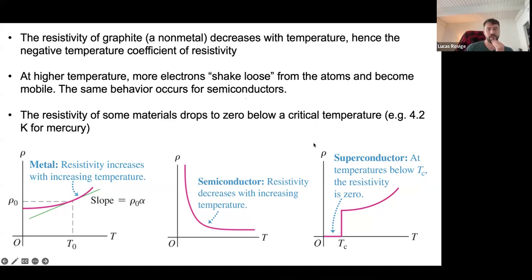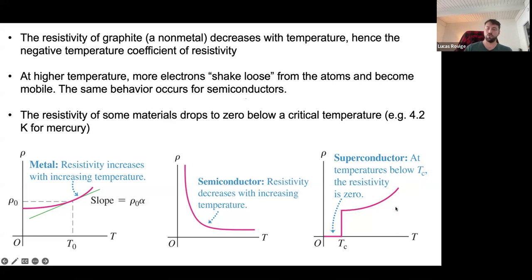And then there's another specific case of dependence of conductivity with temperature. It's the case of superconductors. So superconductors are a type of material that behave kind of like a usual metal, a usual conductor, below a certain temperature with a specific resistance, and they conduct electricity, but they're behaving kind of normal.